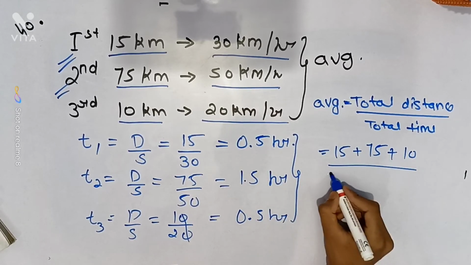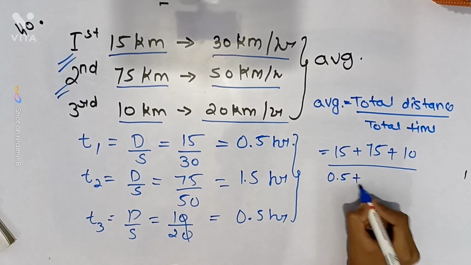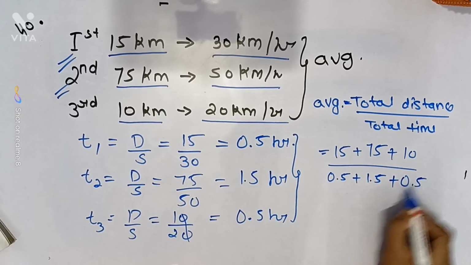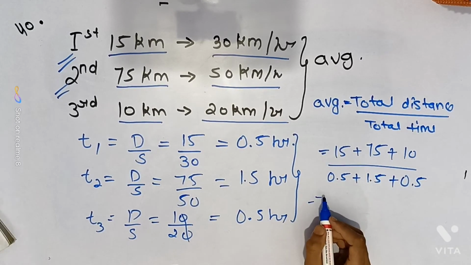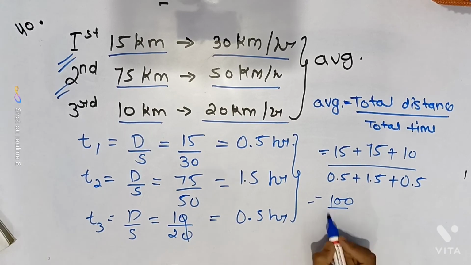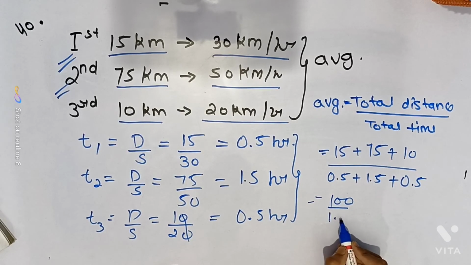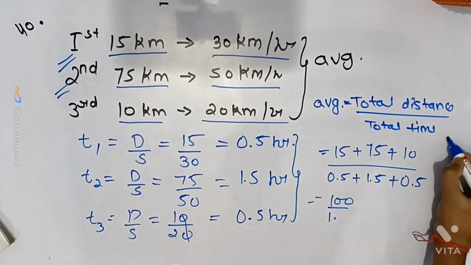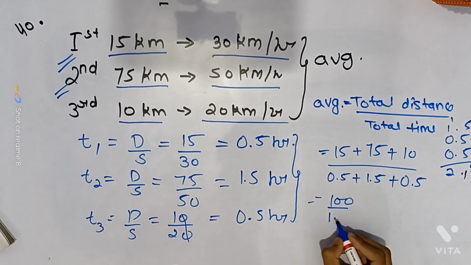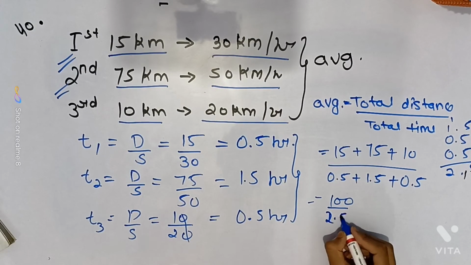Total time: 0.5 plus 1.5 plus 0.5. So total distance we get as 100. Wait, let me also do the time: 0.5 plus 1.5 plus 0.5, so the total time taken by it is 2.5.